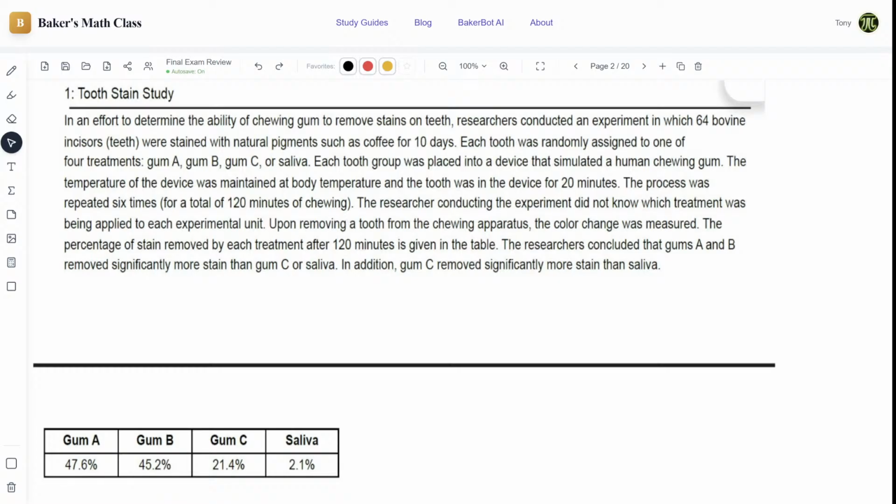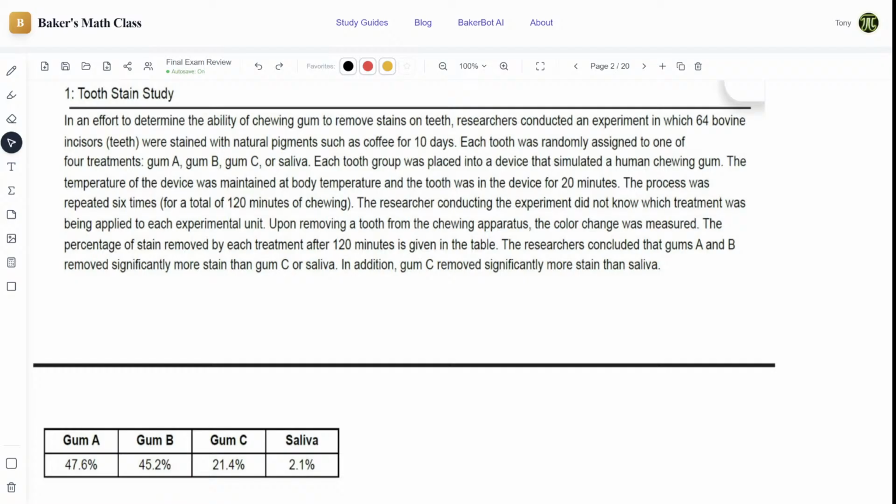What they're trying to do is actually get rid of the stain, right? So then the treatment, and it actually even says, assign one of the 4 treatments, is the gum. How many levels of treatment are there? 4.